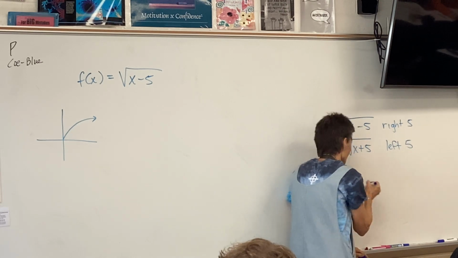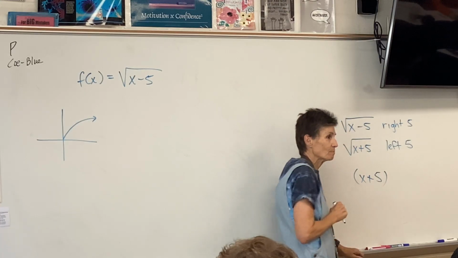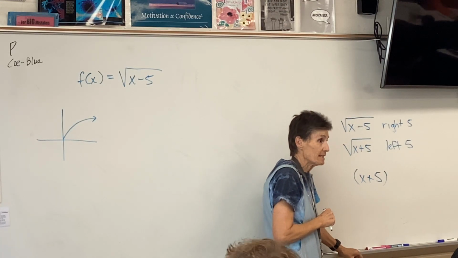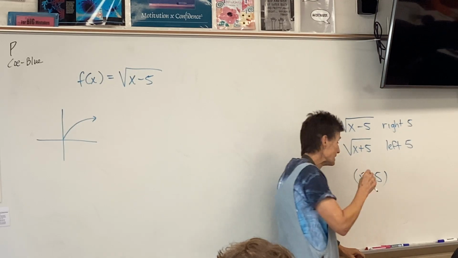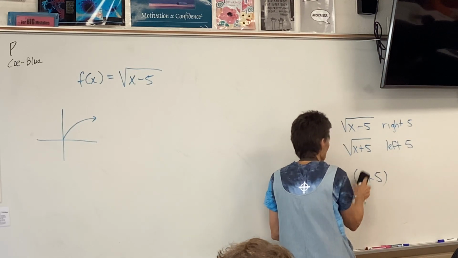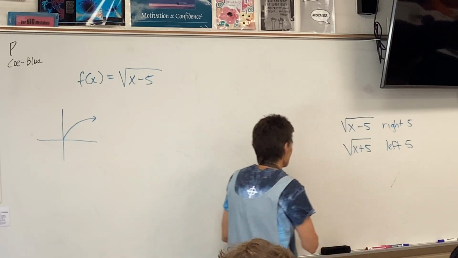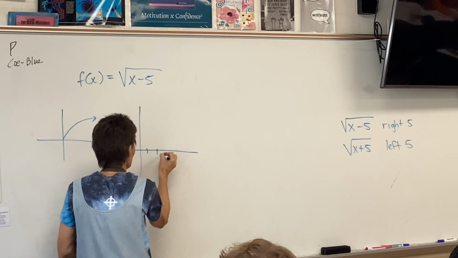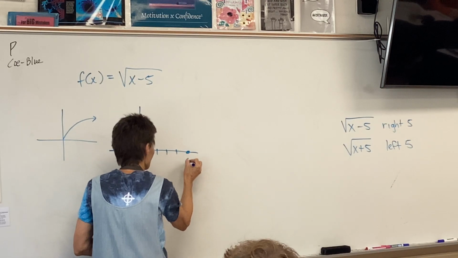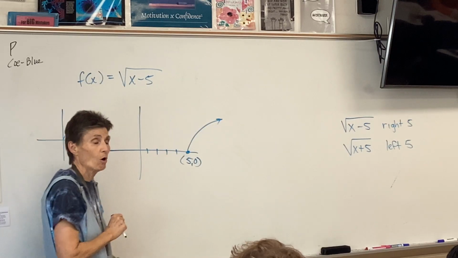Think about when we were graphing our asymptotes yesterday. Where was that asymptote? At -5? Didn't it go left 5? Yeah. Anytime you're inside the parentheses, inside the problem, you're going to do the opposite. So your picture, 1, 2, 3, 4, 5, label that point and draw your curve. That's it. That's all you have to do.